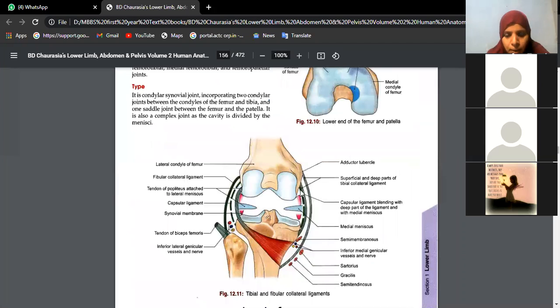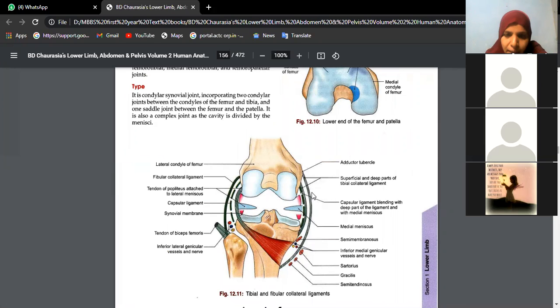See here, this is the tibial collateral ligament. From the medial epicondyle of the femur, you can see it starts and has two components. This green line on the outer side is the superficial part and the inner one is the deep part. The dotted discontinuous line is actually the inside of the capsule, the synovial membrane.